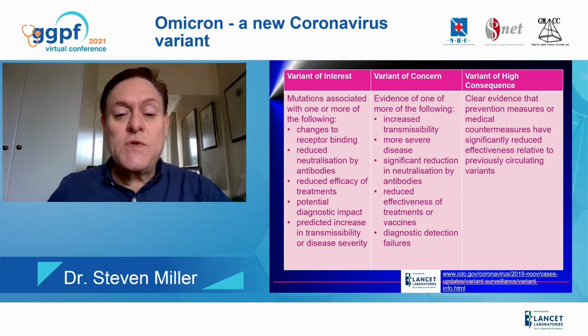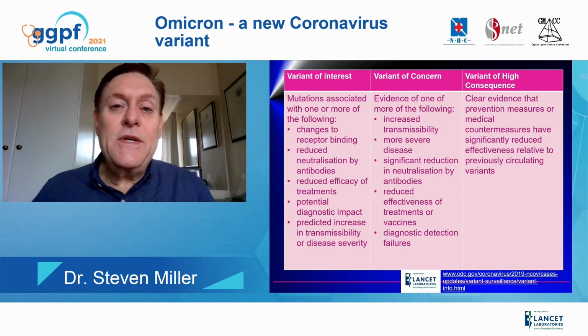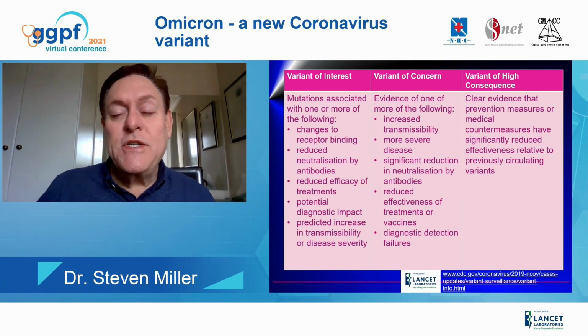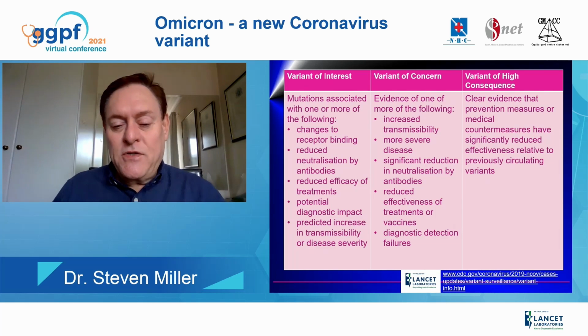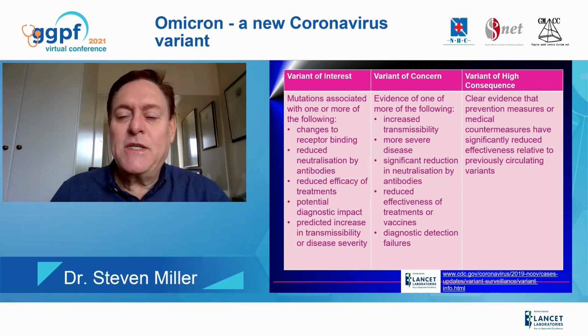And finally, of course, we want to be sure that if there is a variant, we're able to detect it in the laboratory. And I'll show you some interesting data on this in a moment.